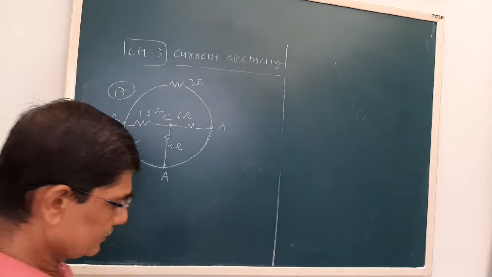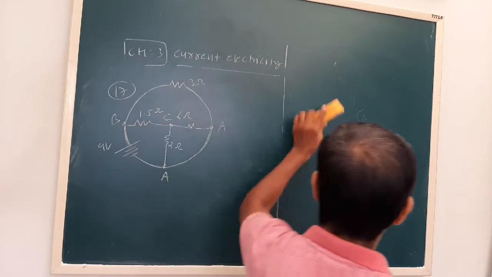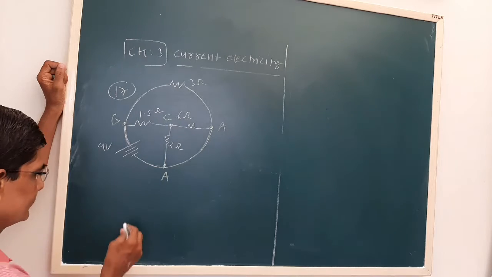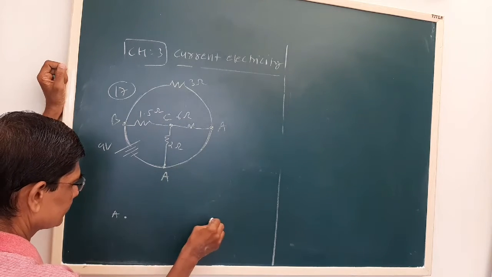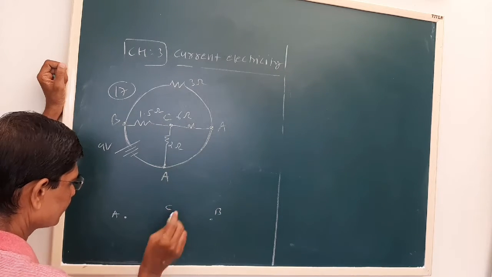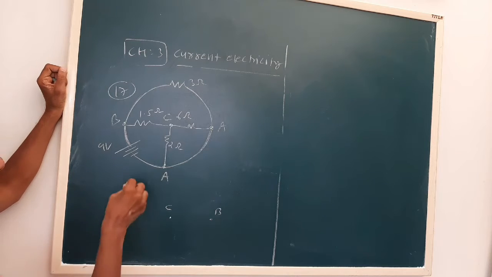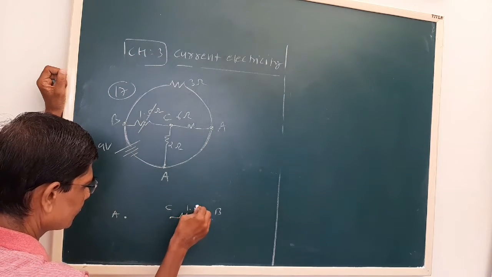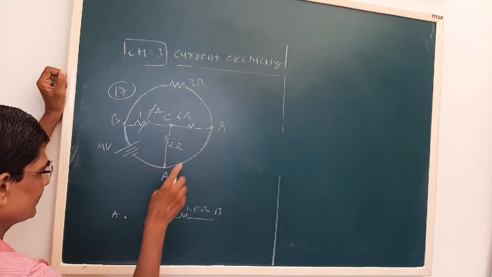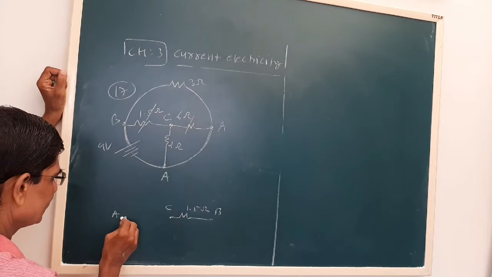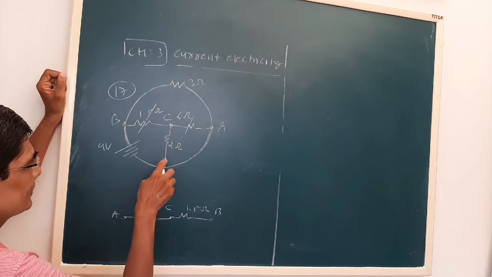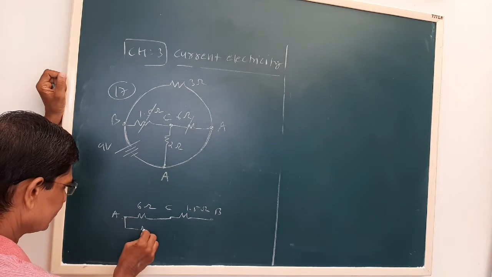Now we draw the equivalent circuit. We have got 3 points A, B, and C. Between B and C there is a 1.5 ohm resistor. Between A and C, a 6 ohm resistor. Between A and C again, a 2 ohm resistor.